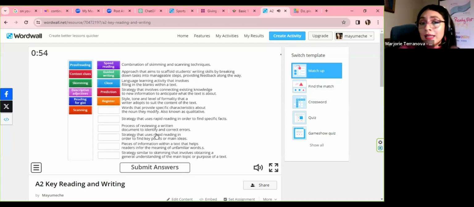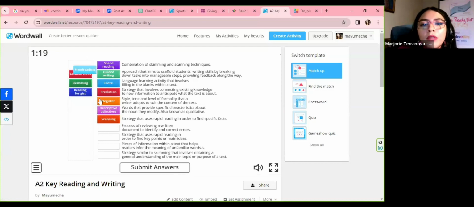Words that provide specific characteristics about the noun they modify, descriptive adjectives. A strategy that uses rapid reading in order to find specific facts. Scanning. Process of reviewing a written document to identify and correct errors, especially spelling errors.